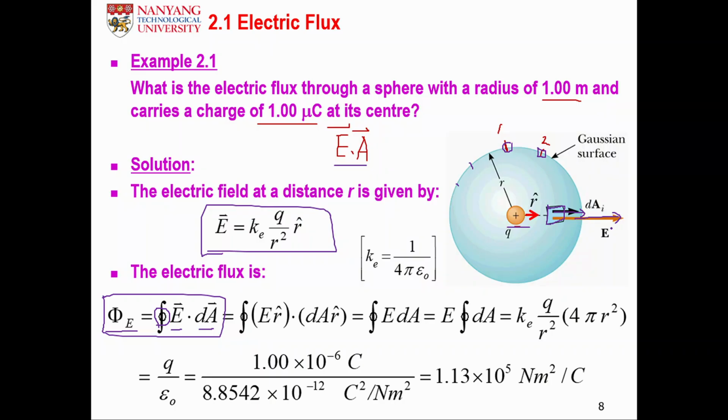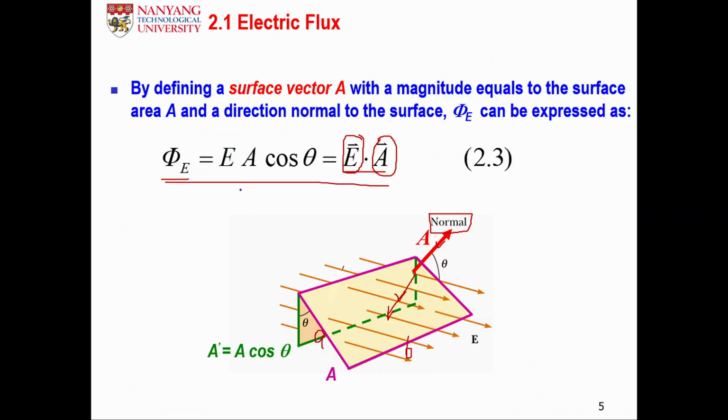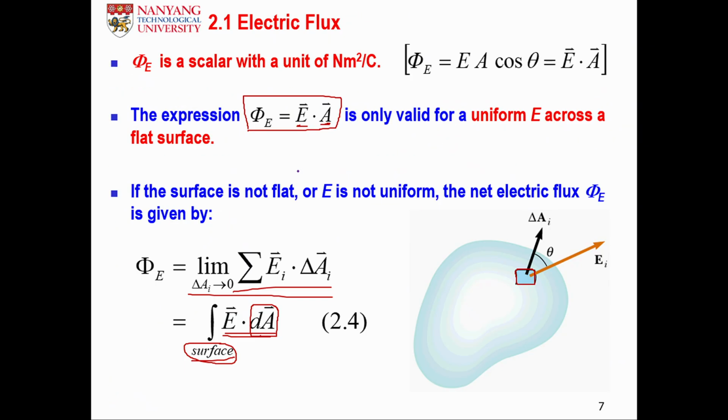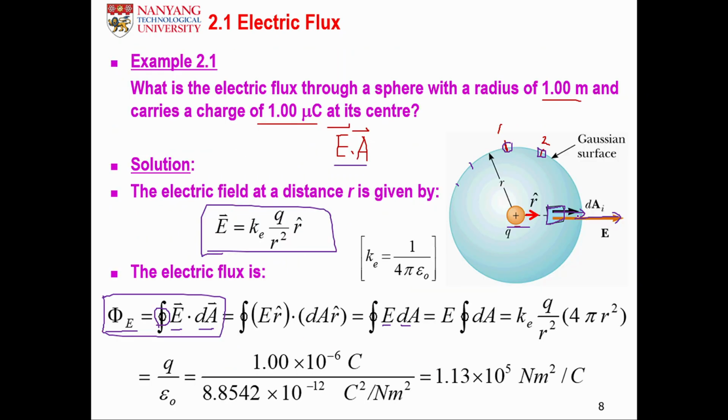Meaning actually vector E and vector dA are parallel. So that is why you can just write it this way, E dA, of course, with a cosine 0. This is the solution of the dot product: the dot product of two vectors is E A times cosine theta. Now, in this case, E and dA are parallel, so cosine 0 is 1.